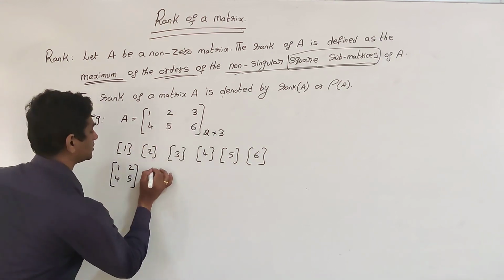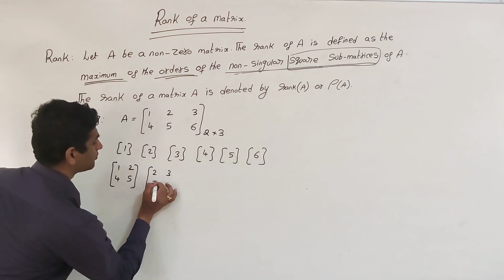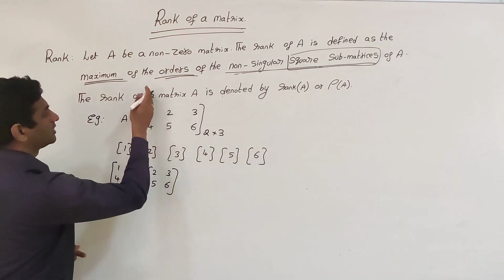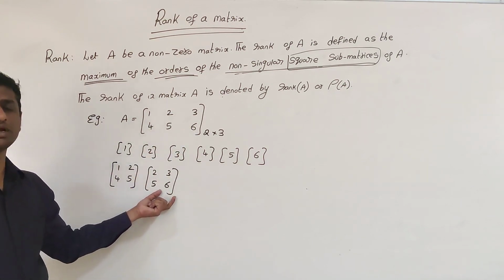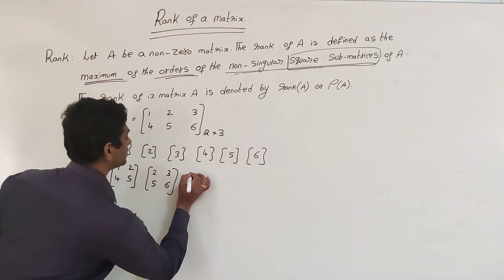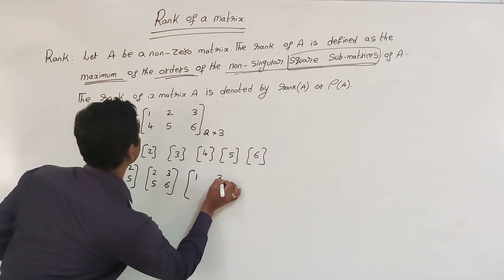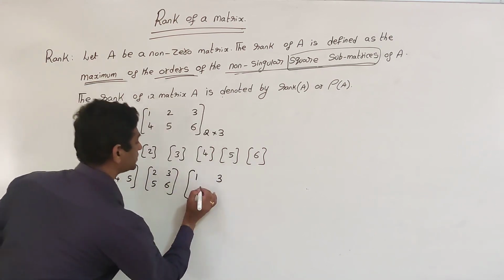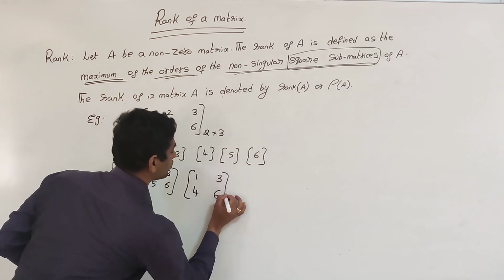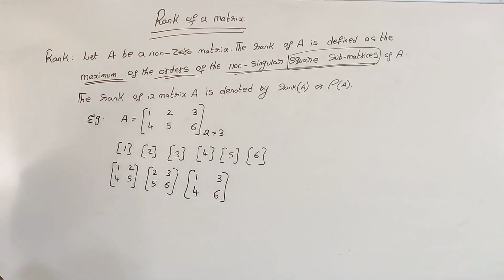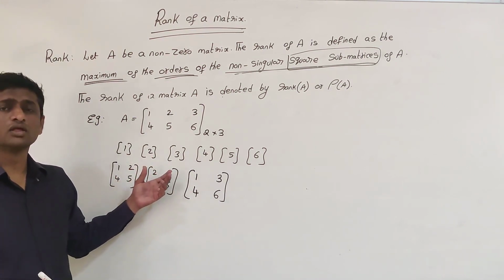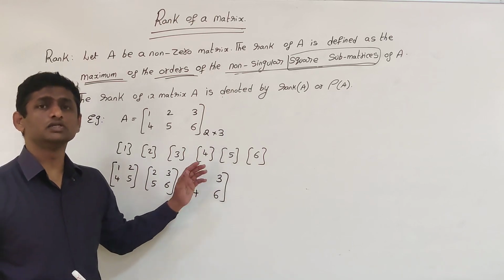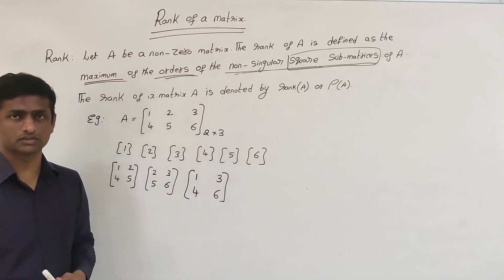Next, after deleting column 1, you are left with 2, 3, 5, 6, which is one more square submatrix. And 1, 3, 4, 6 is another. So these are all the order 1 and order 2 square submatrices.